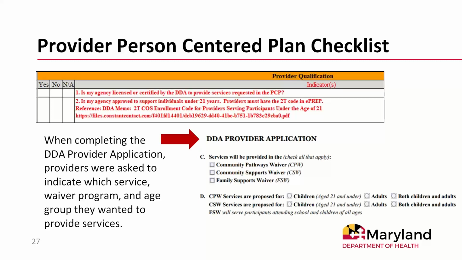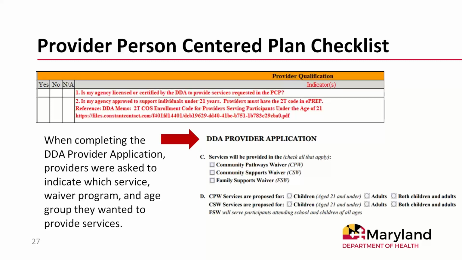In addition, providers were asked on the application to indicate whether they would support children age 21 and under, adults, or both. So if your agency is approved to support children, you will have the 2T code reflected in ePrep.